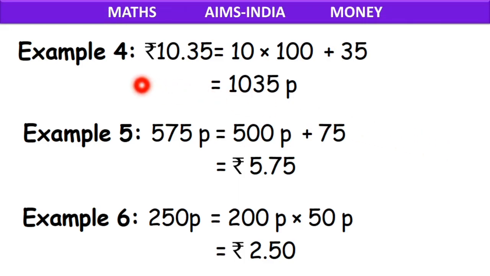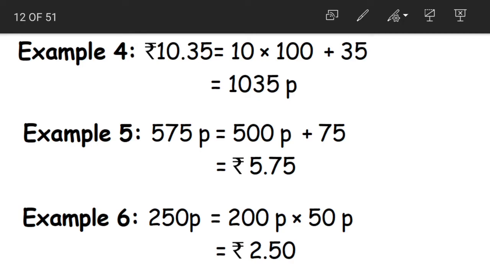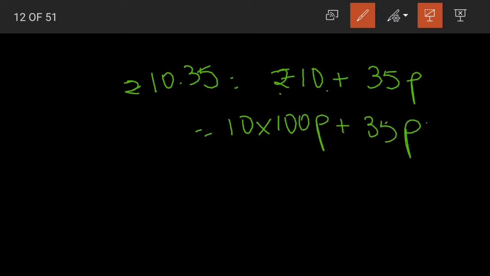Next example 4. 10 rupees 35 paise. Again see, 10 rupees and 35 paise. Again it can be broken down into 10 rupees plus 35 paise. Now 10 rupees will be nothing but 10 into 100 paise plus our 35 paise.